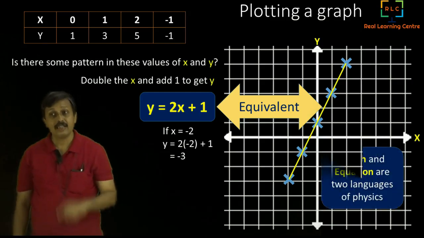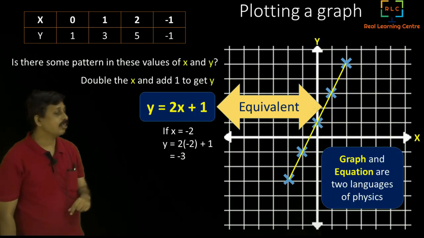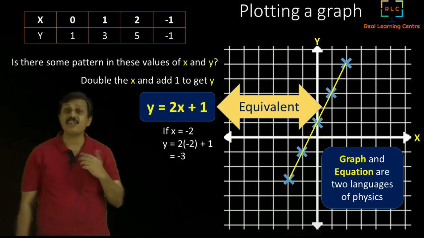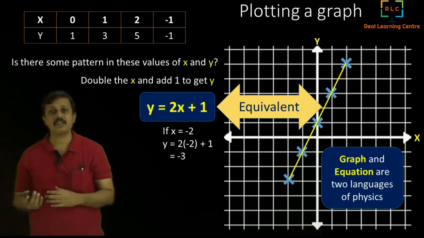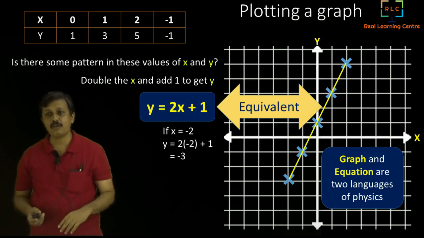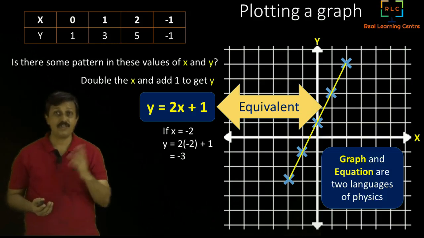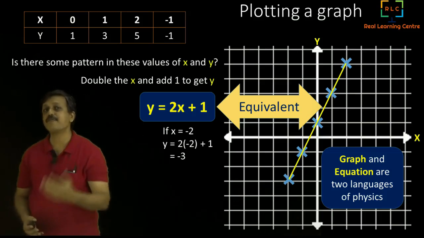That is why we say that graph and equation are like two languages in physics. Whenever we talk about an equation, we have a graph in mind, and whenever we talk about a graph, we have an equation in mind. They are two languages saying the same thing.